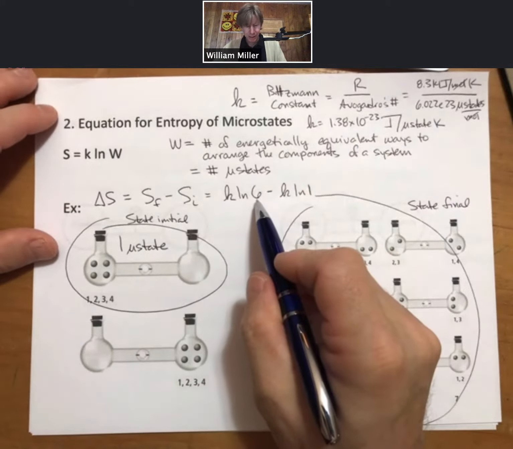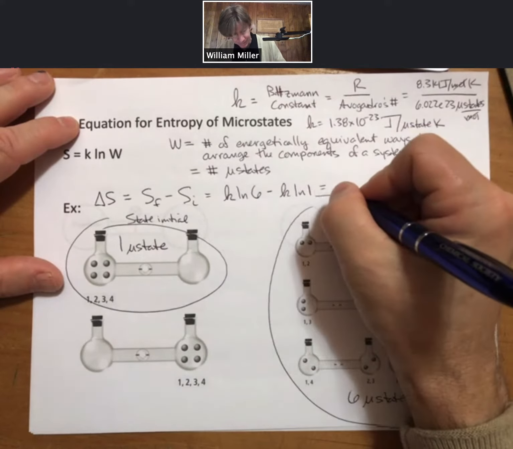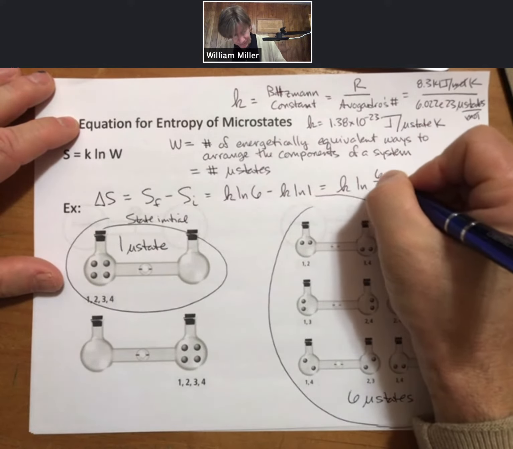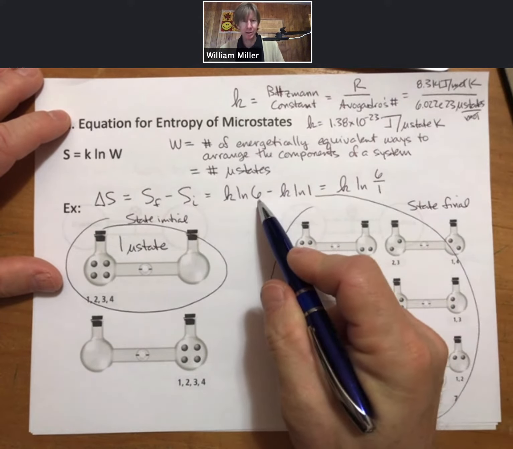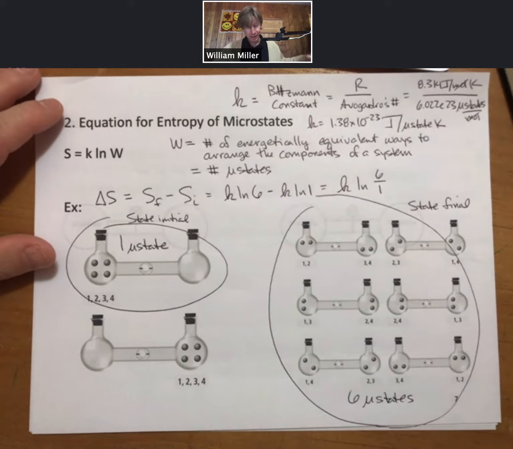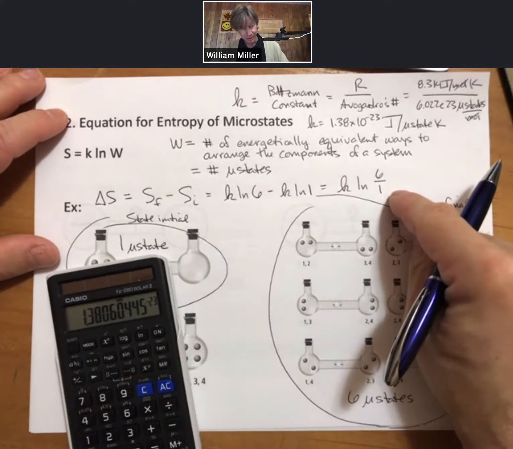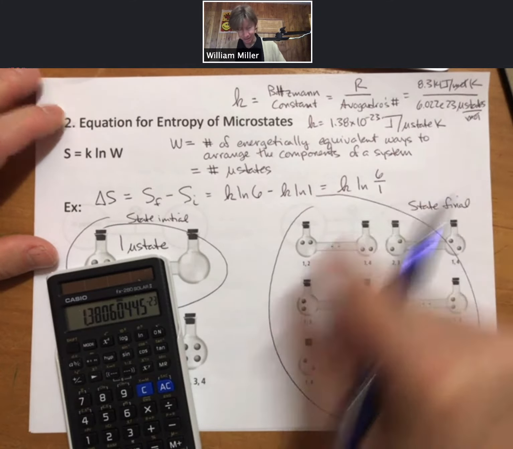We can then condense this to k ln of 6 over 1, because any two things that are subtracted in logs become a ratio. Let's do the math.